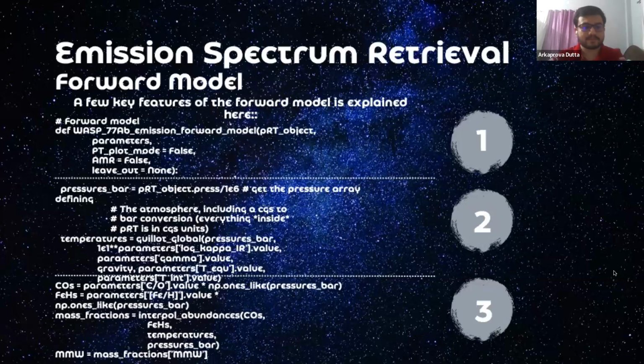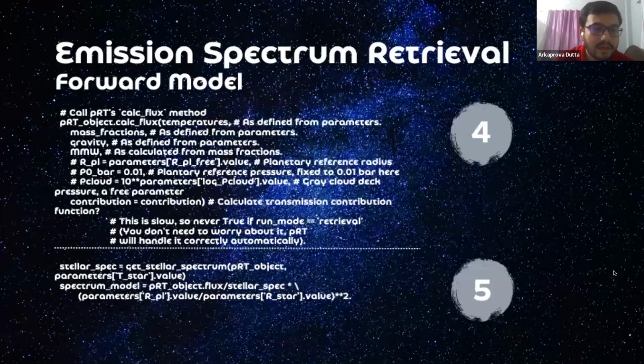Next slide. And the last 2 things: in WASP-39, we used to calculate transmission. Here we try to calculate the flux from the star, and from that we get the stellar spectrum, and from that we define the spectrum model. Next slide.